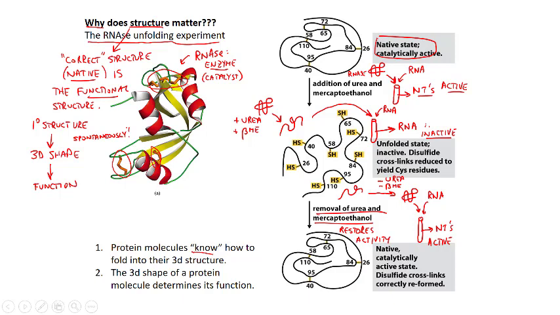It's not like a manufactured particle where it has to be stamped out by a machine. The protein, as soon as it's synthesized, it automatically adopts the correct structure. And this is something that was really remarkable at the time and completely unexpected. It was presumed that there must be some sort of organelle or something in the cell that causes proteins to have the correct shape. The second conclusion from this experiment is that the three-dimensional shape determines the function.